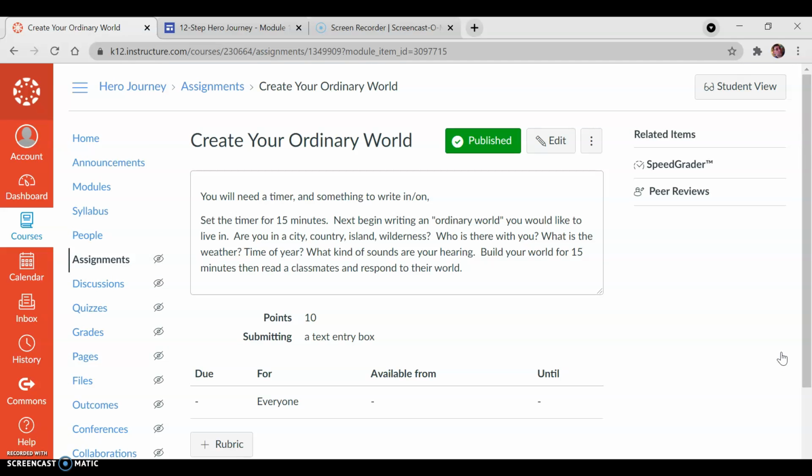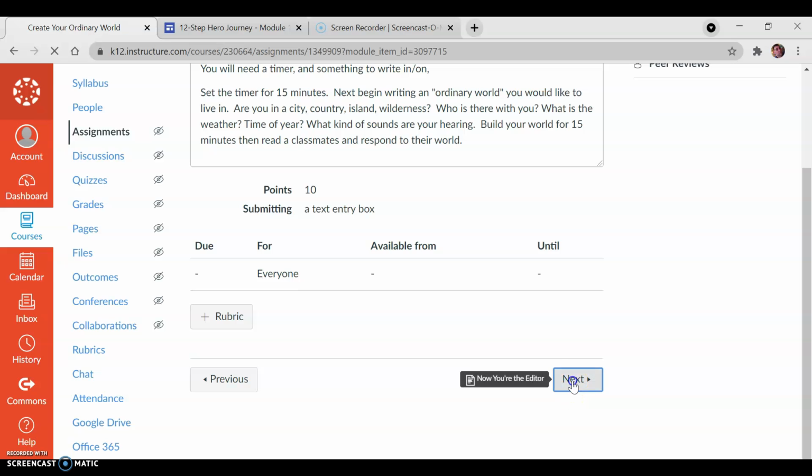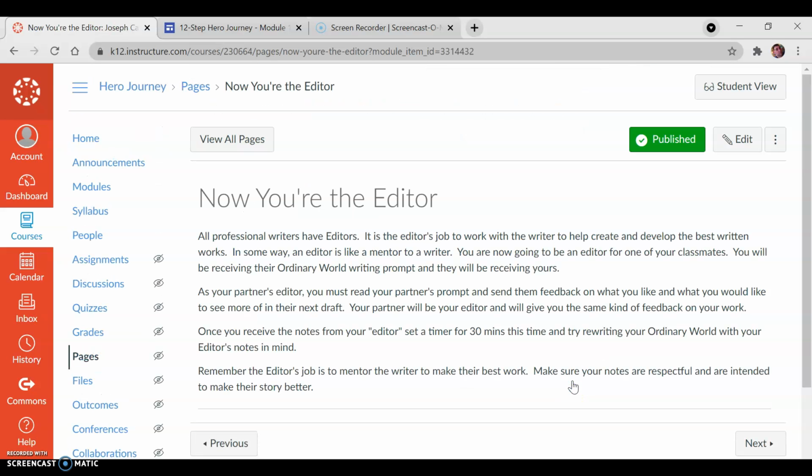I revised it further so that the students would have a 15-minute writing prompt to create an ordinary world for themselves. And then what I added to this was this additional portion.